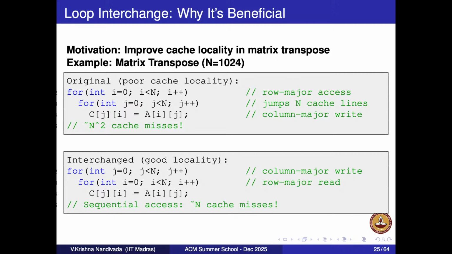So this is again like here. In the modified code, I am reading it. The read strides are at a distance of n. Isn't it? So in the top code, the write distance was at a distance of n. Here the reads are at a distance of n. Does it make any difference?